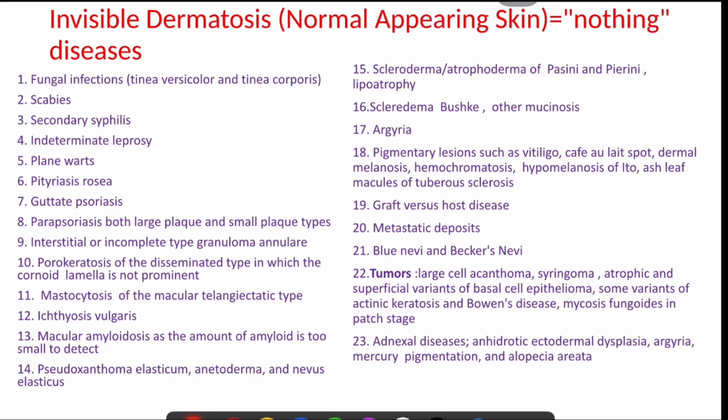So these are the list of the lesions where you can't find any reaction pattern. So you must know this also, that sometimes you cannot find anything, then it is called nothing diseases, right?